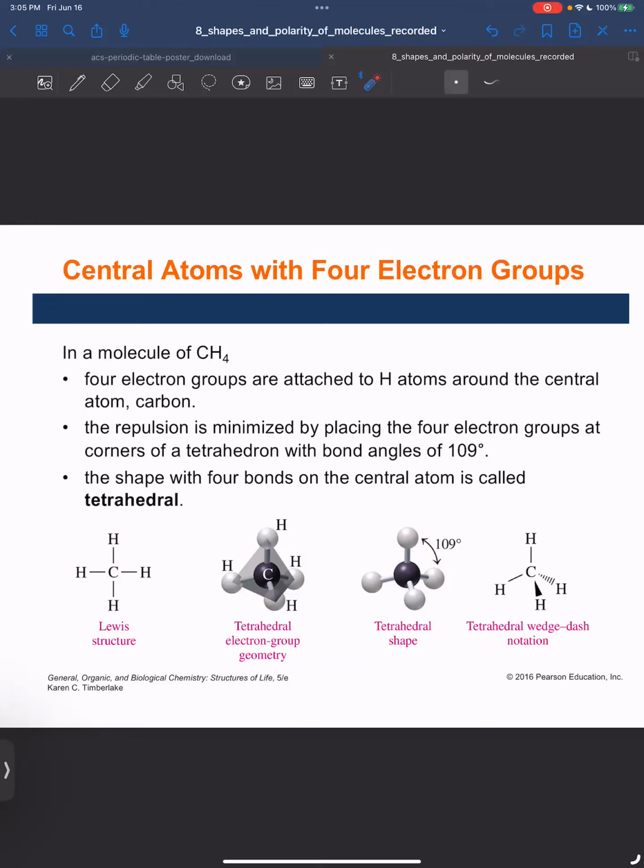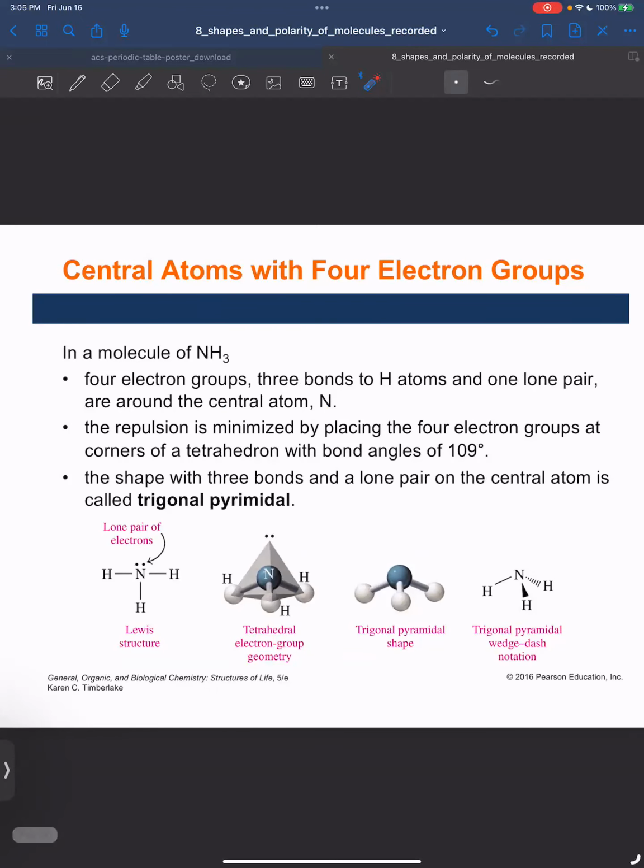This is called tetrahedral. So the shape with 4 bonded atoms on the central atom is tetrahedral. The bond angle is 109 degrees. And you can show that by drawing 2 lines in the plane of your paper, 1 bold and 1 dashed, to illustrate it in 3D.